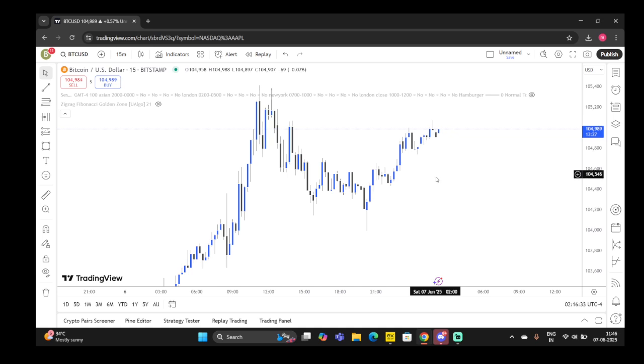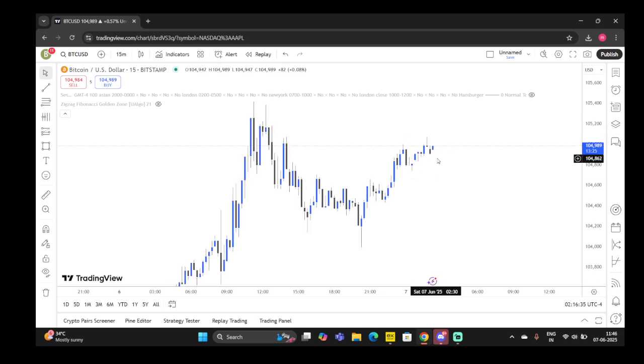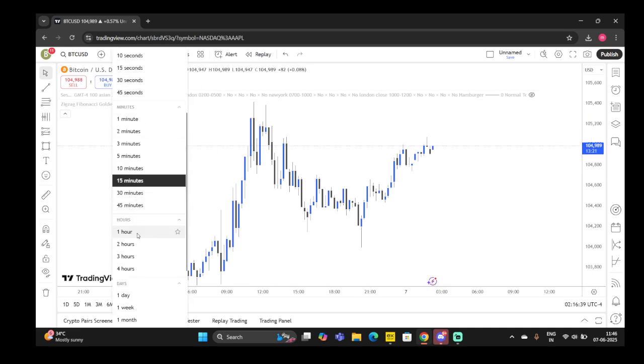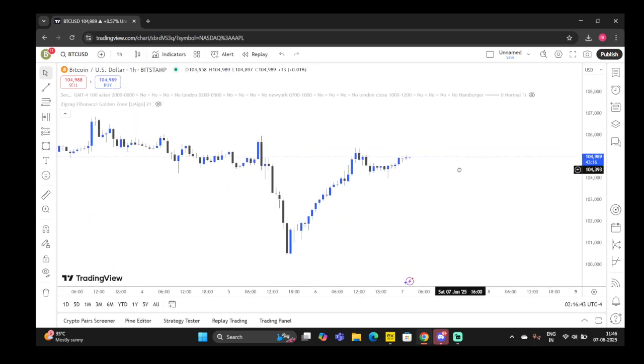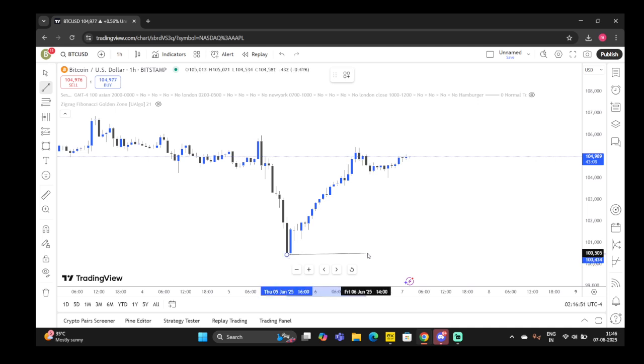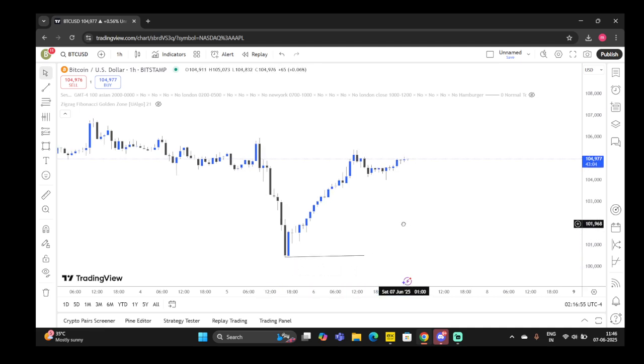This is a Bitcoin chart analysis. After Bitcoin went to 1 lakh 500, something like that, Bitcoin suddenly took a move upside.